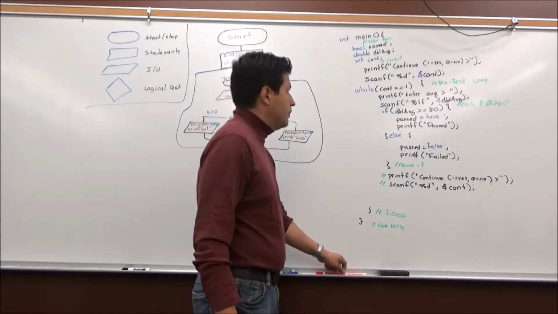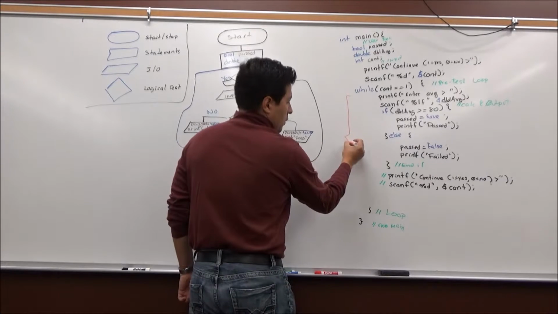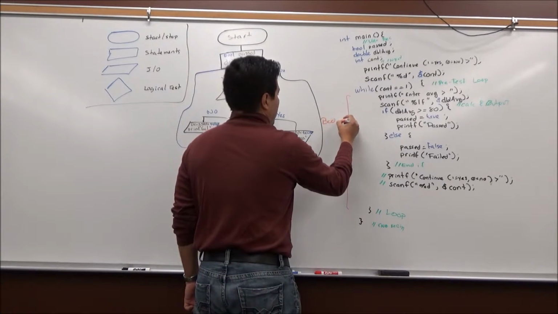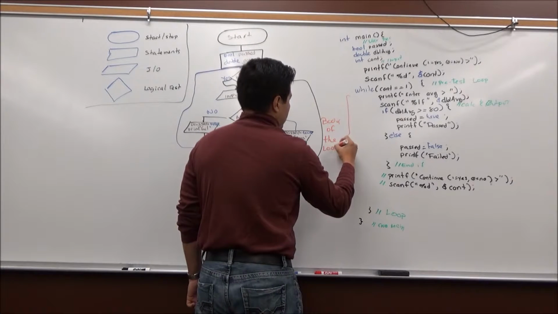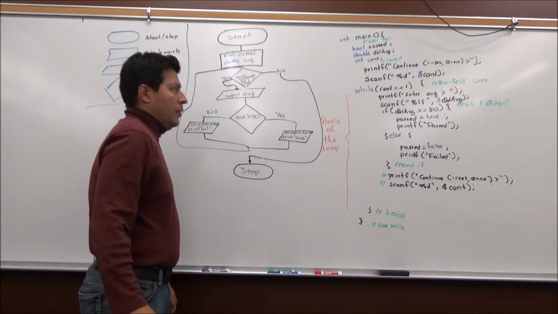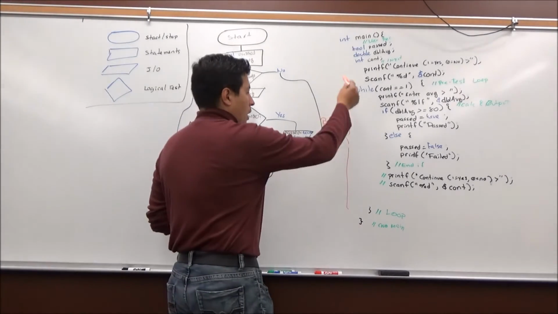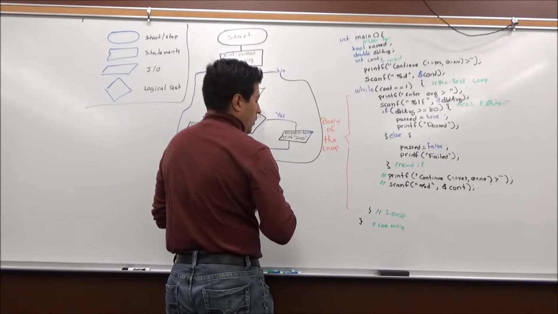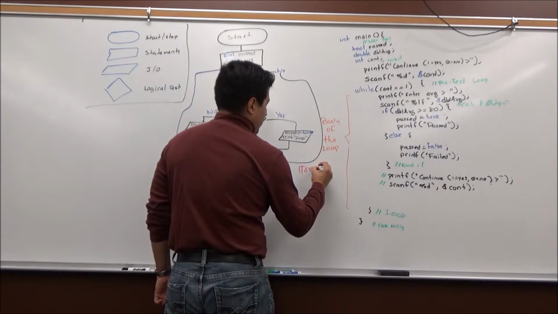So this is the body of the loop. Right? And each time the body of the loop is executed, we call that an iteration.